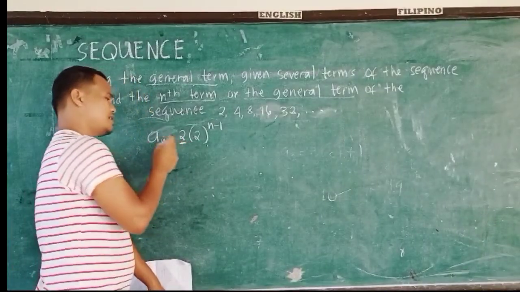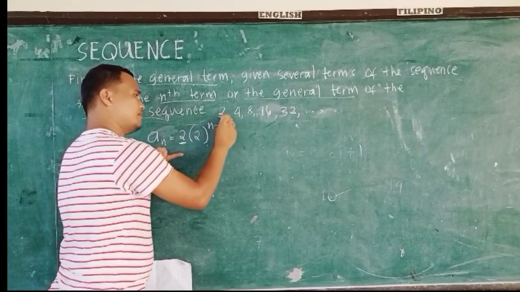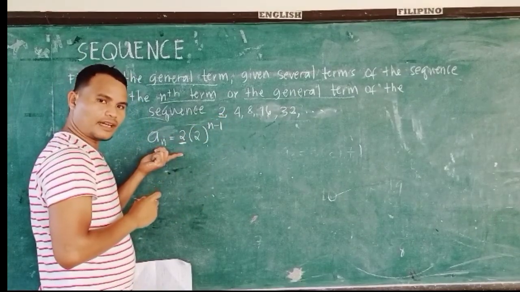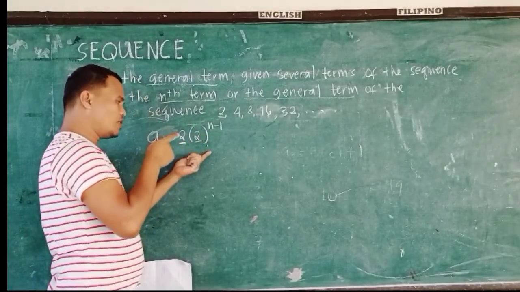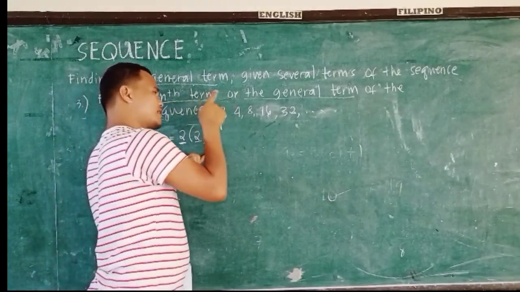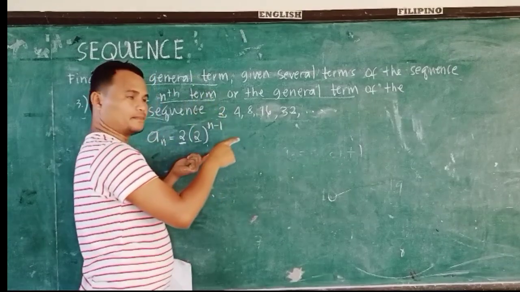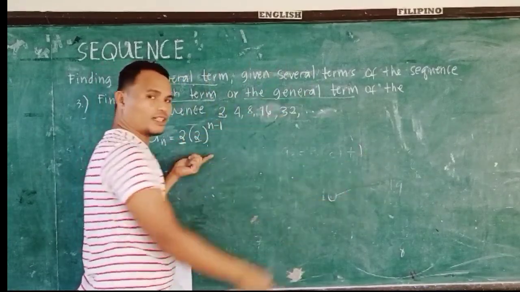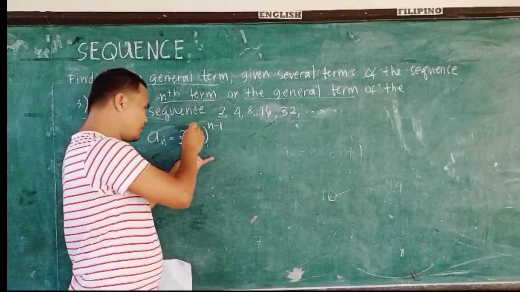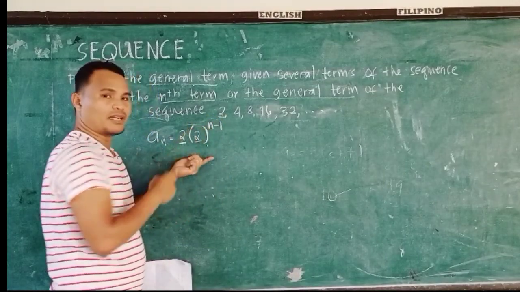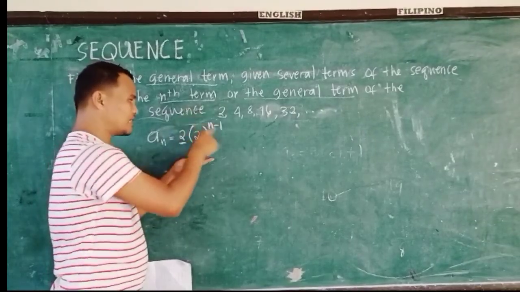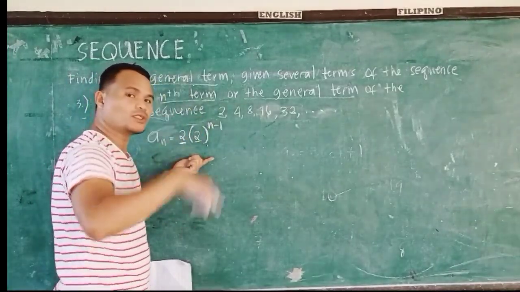Mao ni siya ang imong first term. Ang kani nga 2, mao ni siya ang number nga gi-multiply kada term para makuha ang sunod nga term. Nya butang na lang imong parentheses nya n minus 1. Exponent na siya n minus 1, kung ang pattern is multiplication.